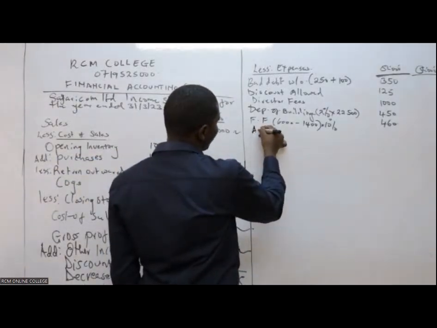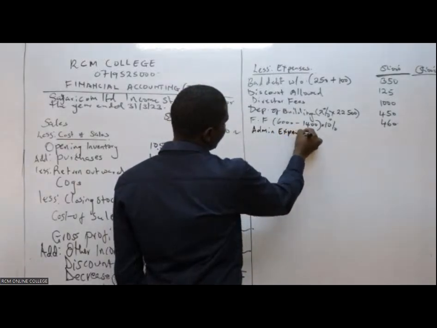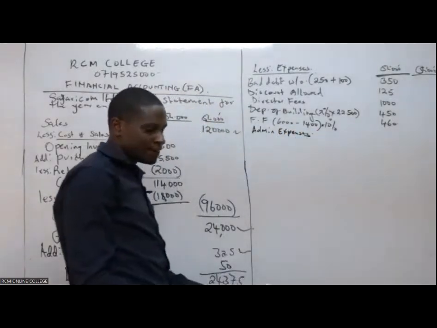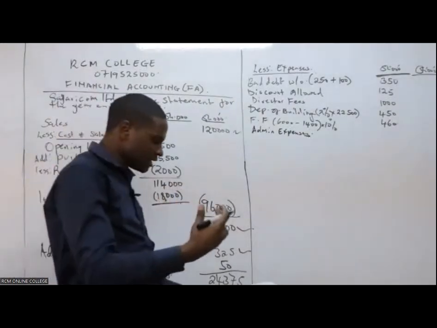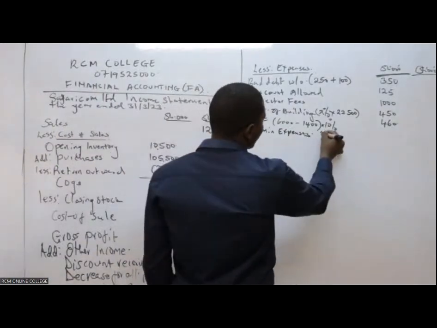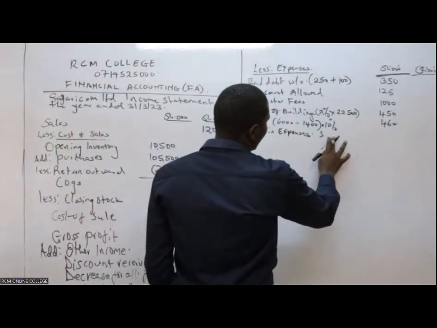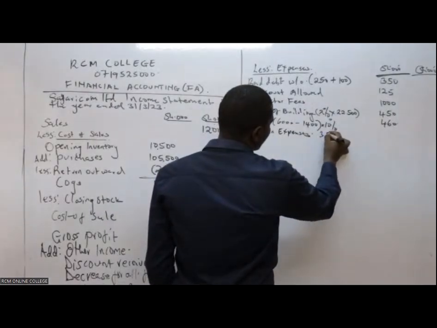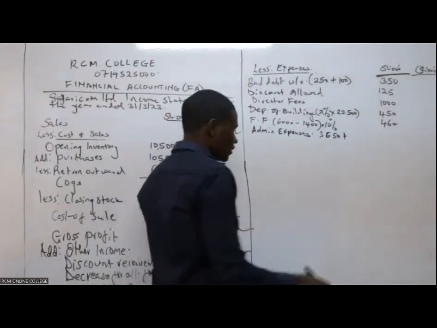So our admin expenses will increase with that amount. In the trial balance, the admin is 3650 plus the accrued amount, 175.